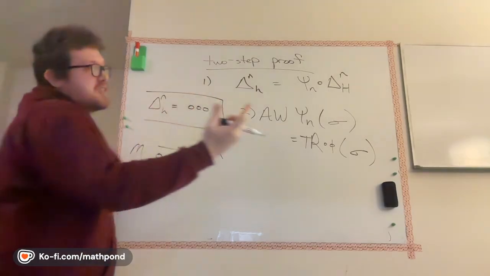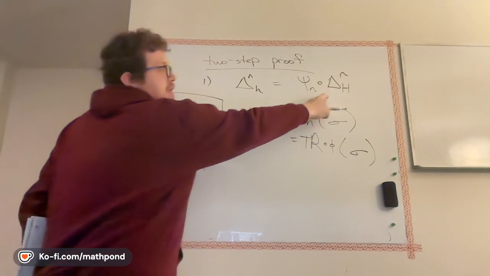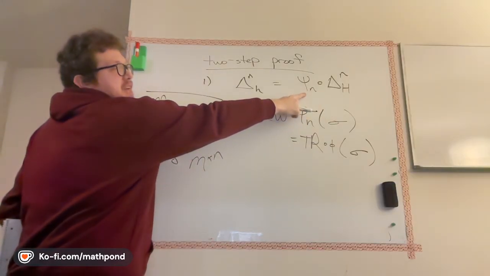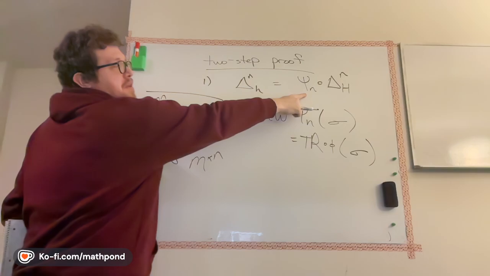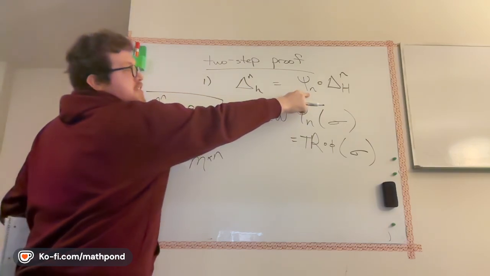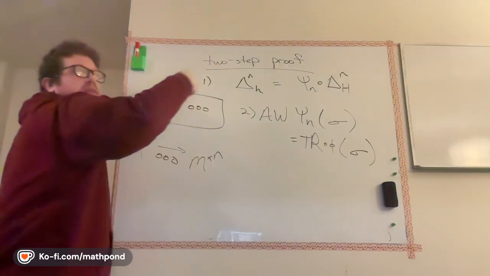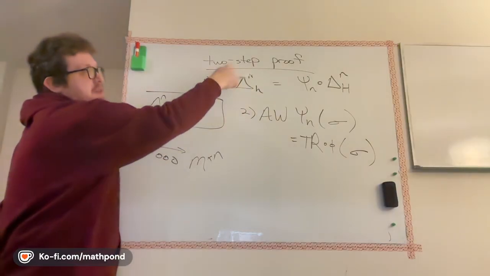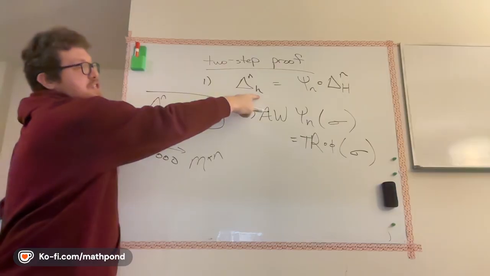Right, so this is just saying you can do all the operatic stuff, then apply this magical psi n that we haven't defined yet to end up in the Cartesian factors, and that should be the same thing as if I did all of the deltas and little h's on the Cartesian side.